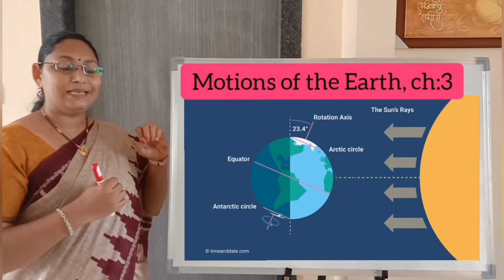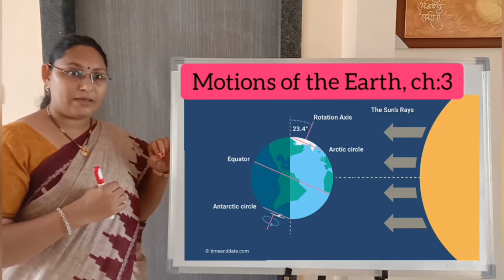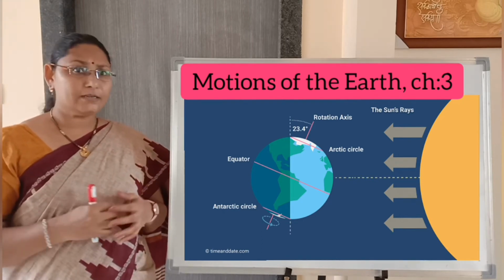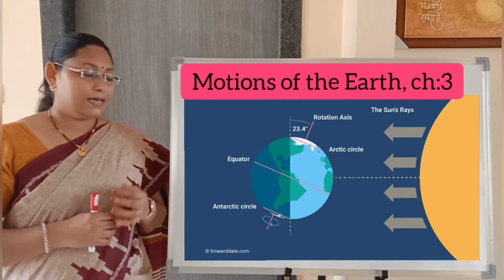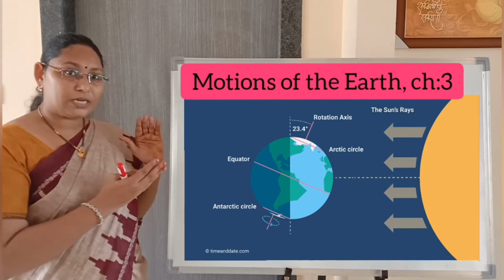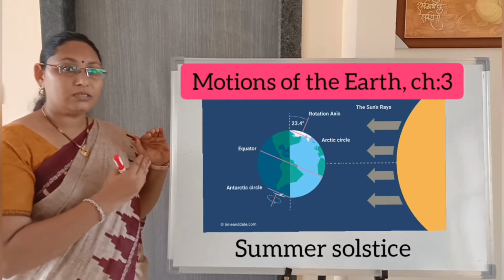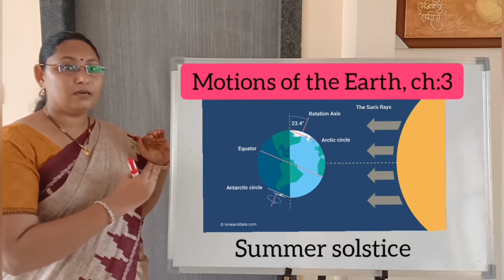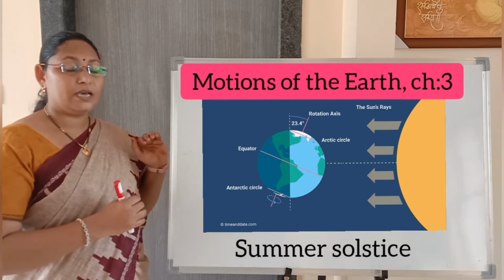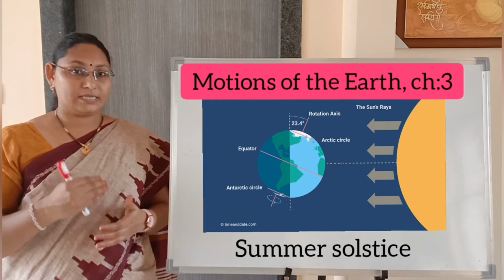Clear? This position of the earth towards the sun, where the northern hemisphere is getting much of the sun's heat, is called summer solstice.